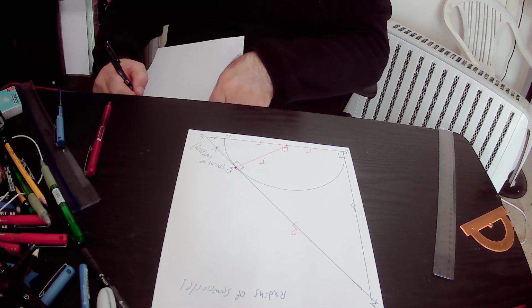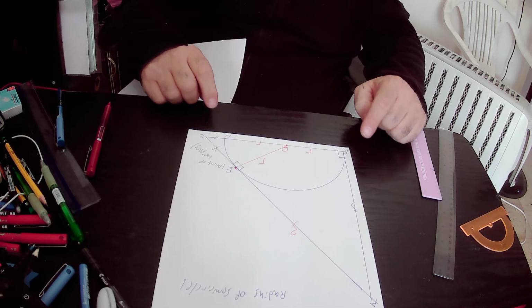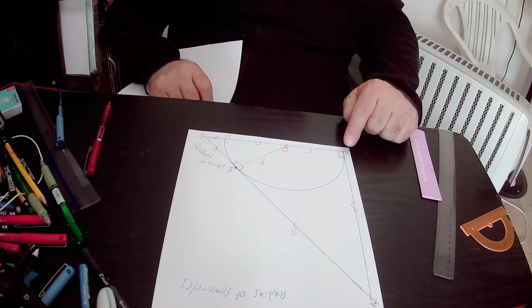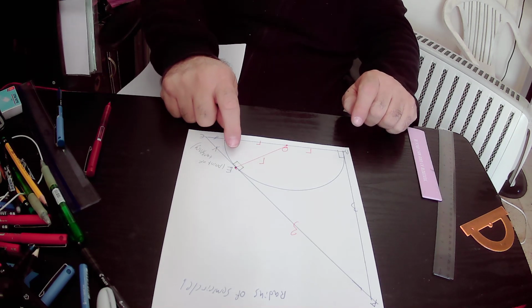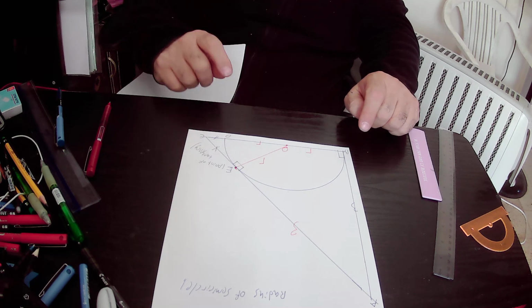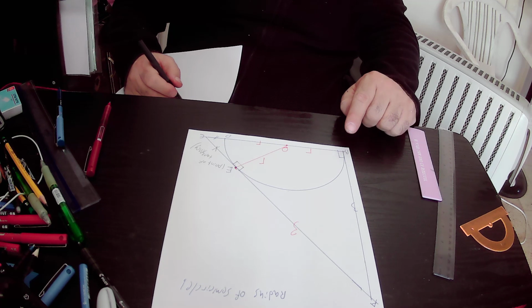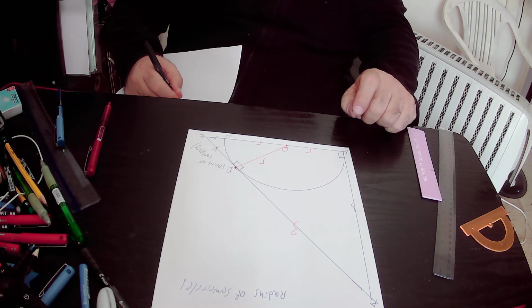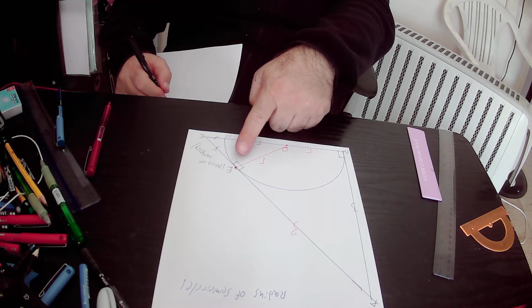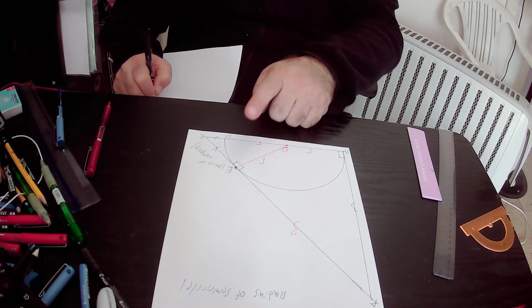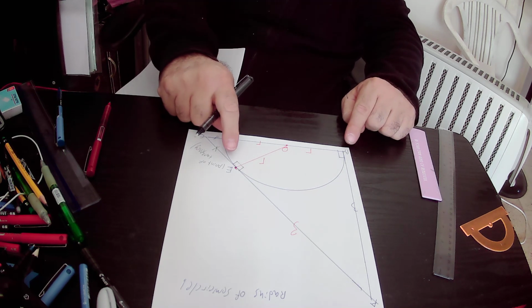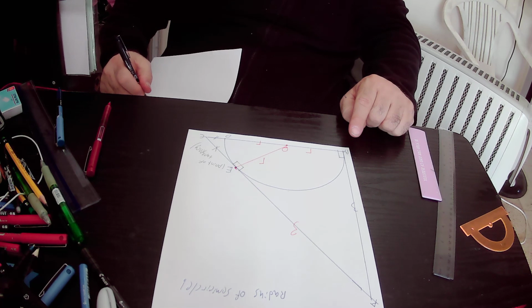First of all, we know that angle ABC equals to 90 degrees, and angle OEC also equals to 90 degrees. Therefore, we can write down that angle ABC, this angle, equals to angle OEC, this angle, and both angles are right angles, that is to say they are equal to 90 degrees.